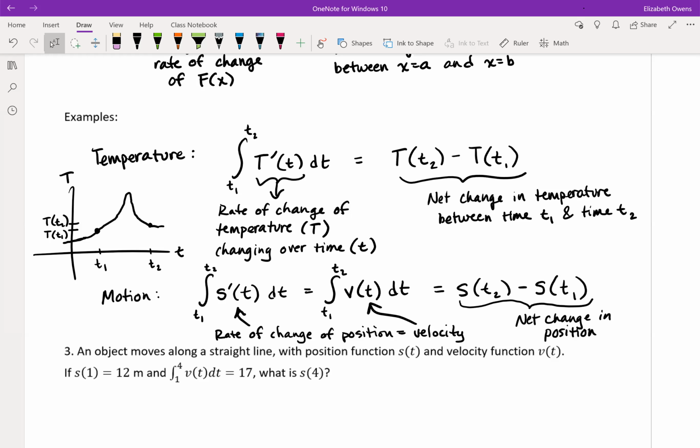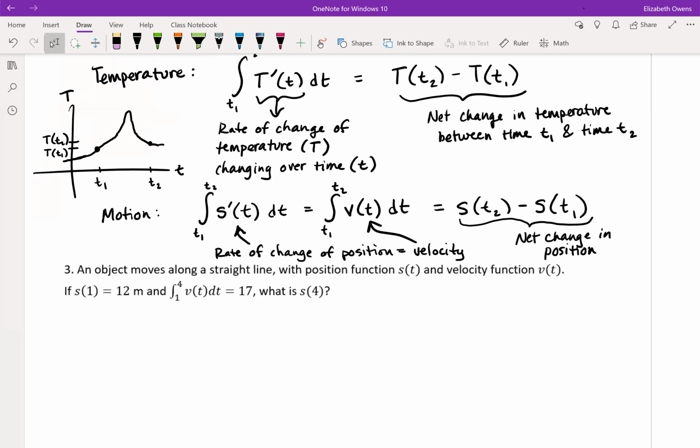Okay, so our example here says an object moves along a straight line with position function s of t and velocity function v of t. Notice how it's not actually giving us the equations for those functions, just the names. But we're told that s of 1 equals 12 meters, and the integral from 1 to 4 of v of t dt equals 17, and we want to find s of 4.